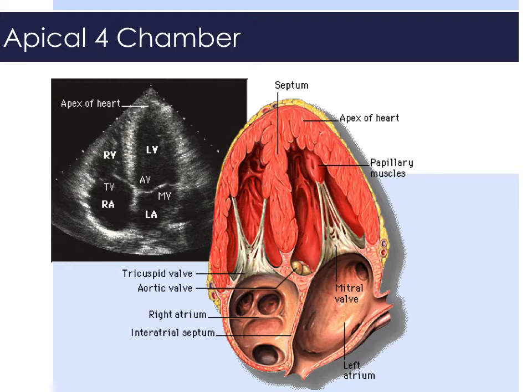This is a view that gives us overall information about the heart, dimension and function, and we can actually assess the left ventricle after the initial assessment we have performed in the first two views, the parasternal long axis and short axis.